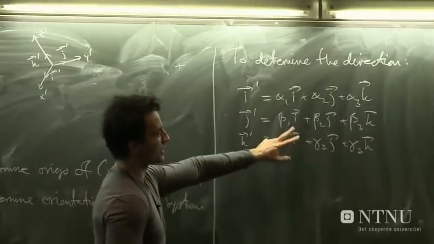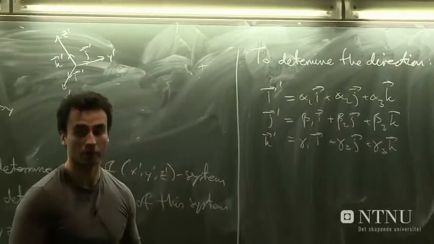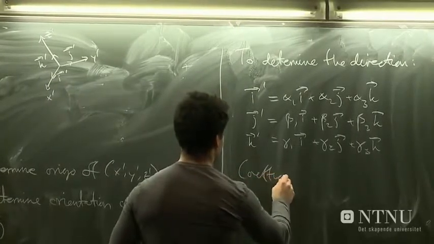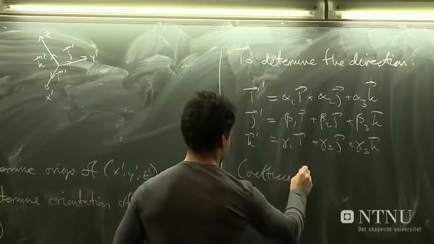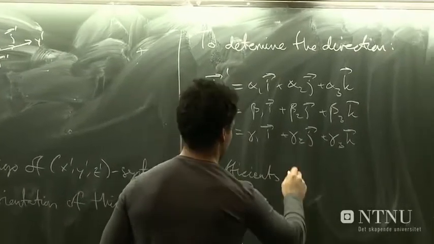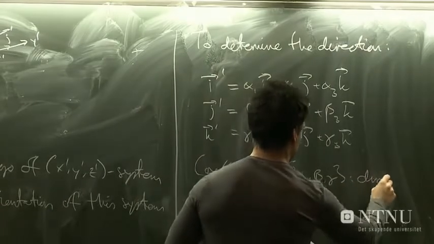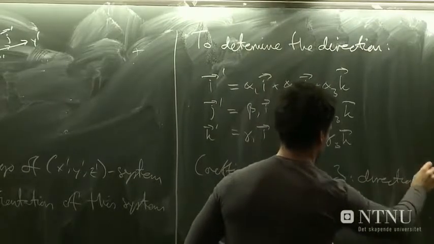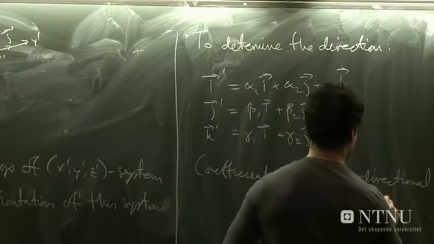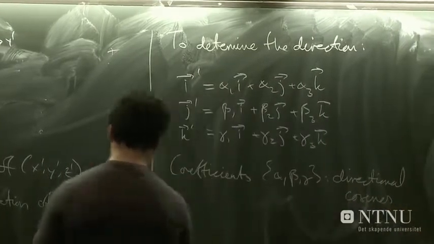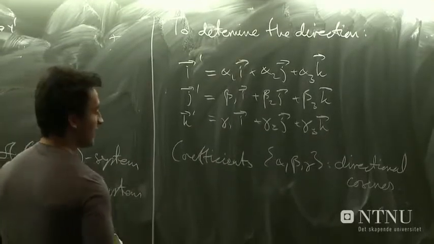These coefficients here are known as directional cosines. And why is that?